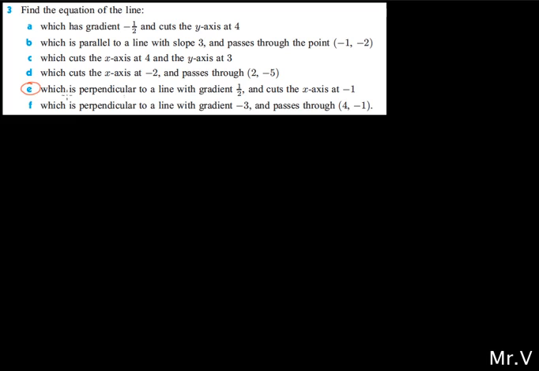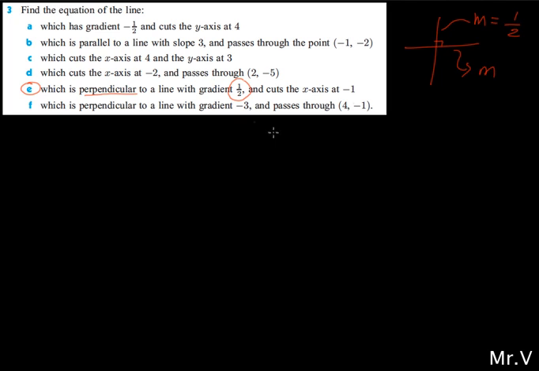And they're telling us that the equation of the line that they're looking for is perpendicular to a line with a gradient 1/2. So the line that I'm looking for is perpendicular to this one, and this one has a slope equal to 1/2. So what would be the slope of my line?